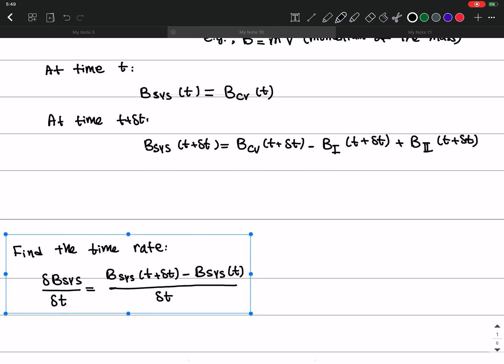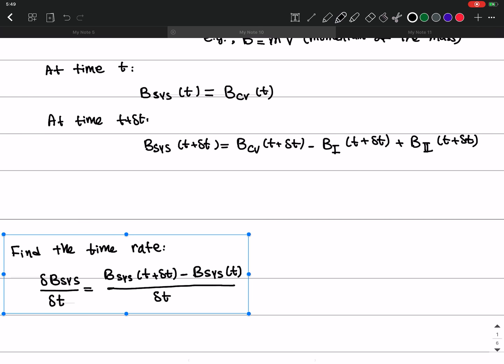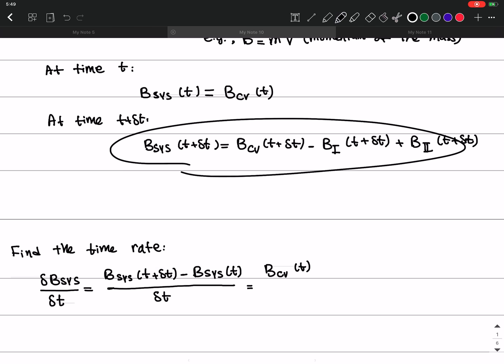So let me put it a little bit to the left. This equals, first I have to write this one.